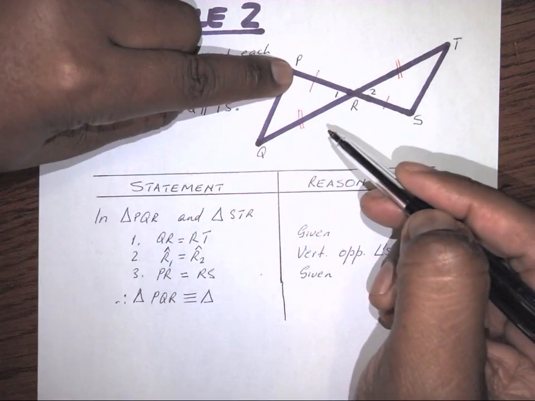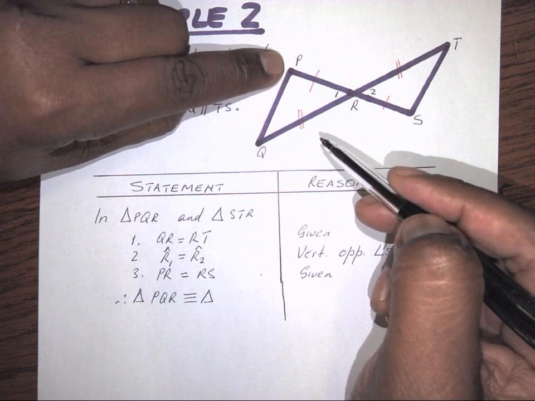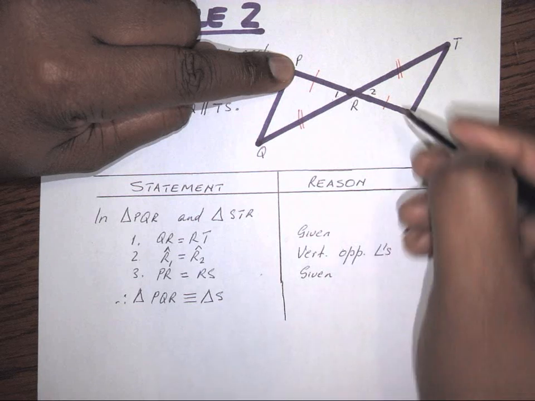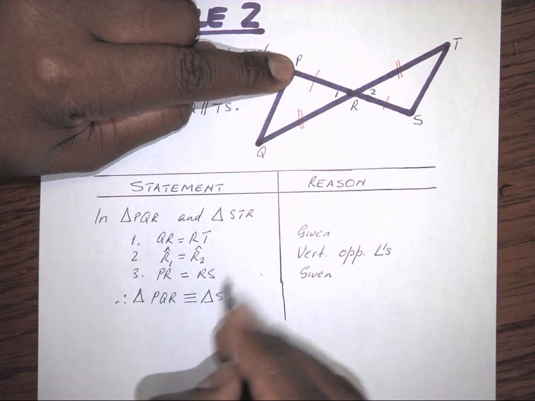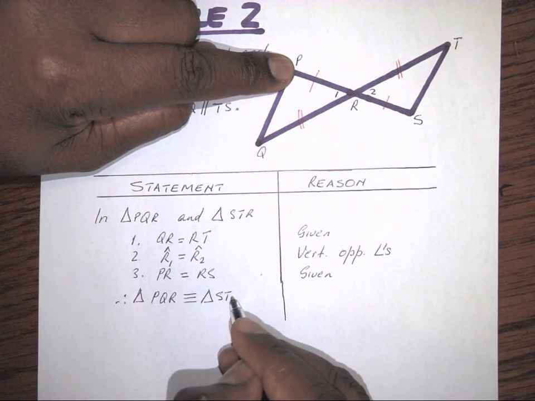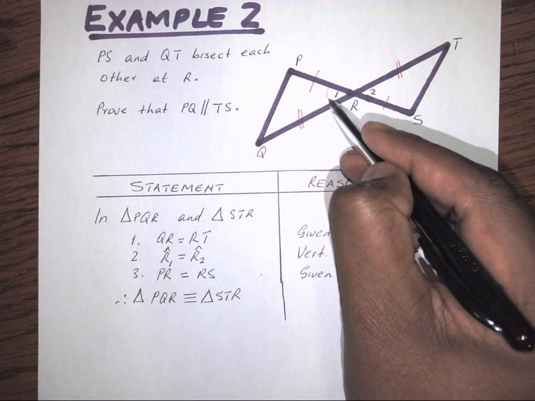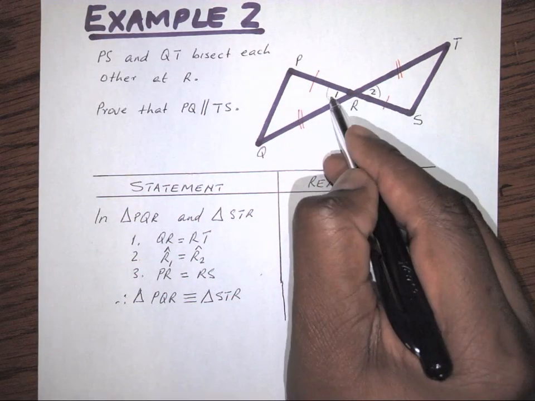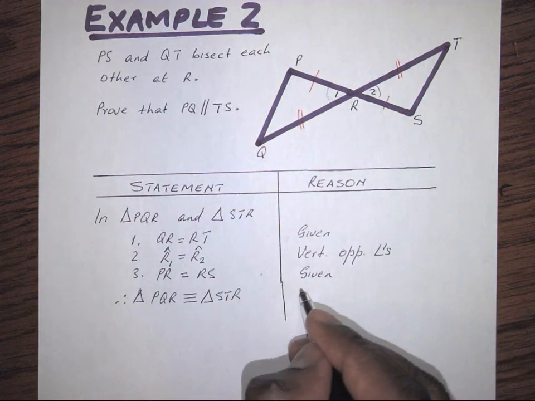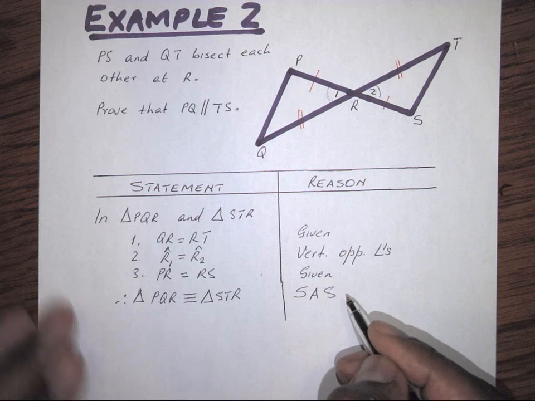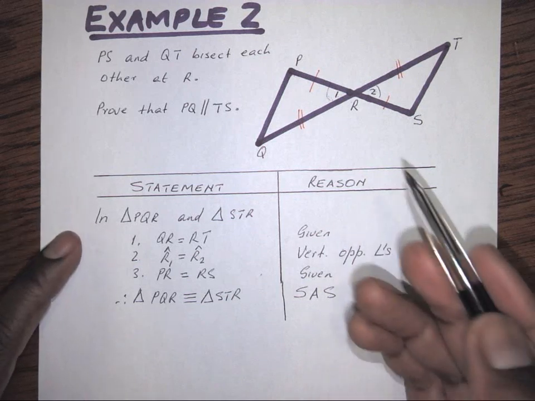The angle that I must start with must be an angle which is equal to angle P, that is S. Then I go S, T, R. And the reason for congruence is side, included angle, and side. It's an included angle because we said those angles are equal. Now the two triangles are congruent.